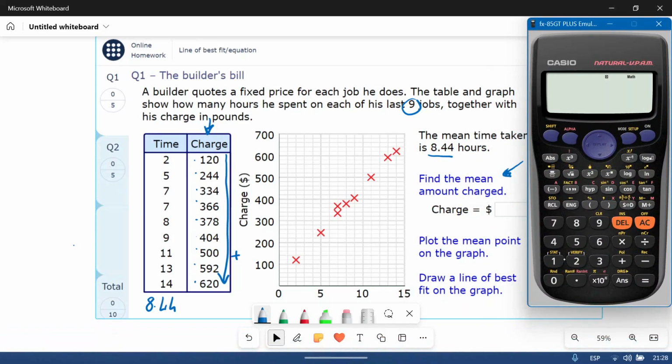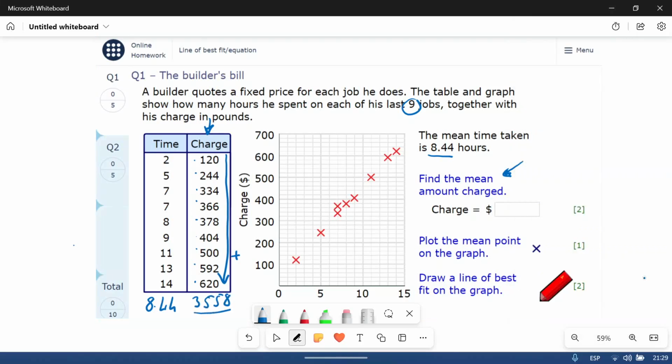So we start with 120 plus 244, making sure that we don't type one single number wrong, because then it's going to be wrong. So that was 3,558.